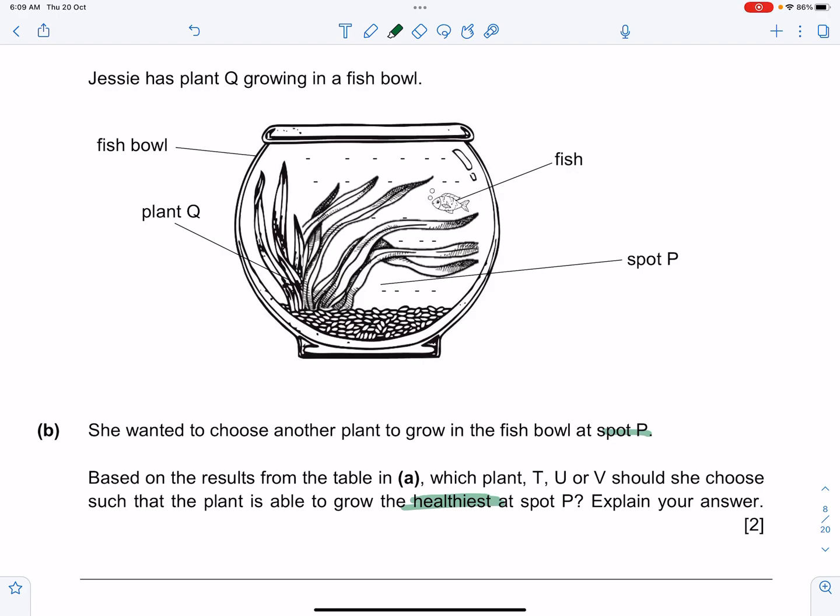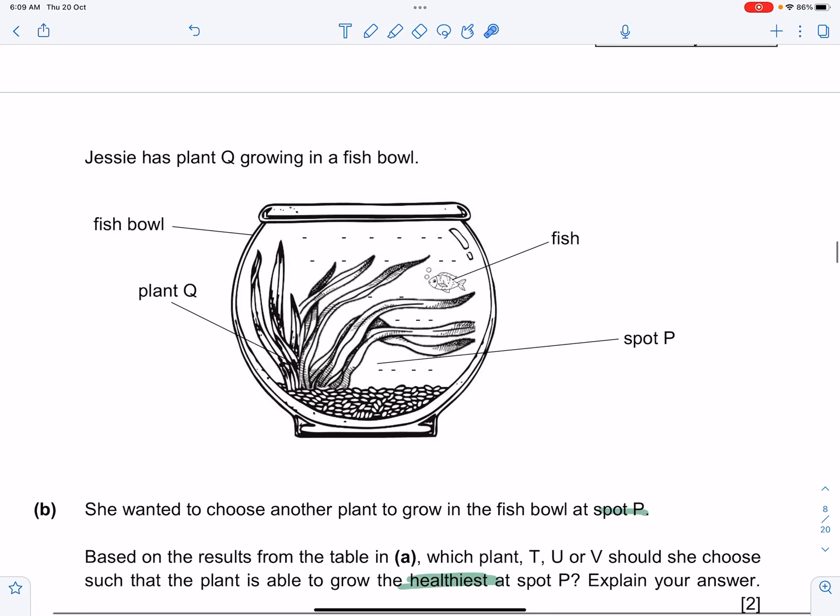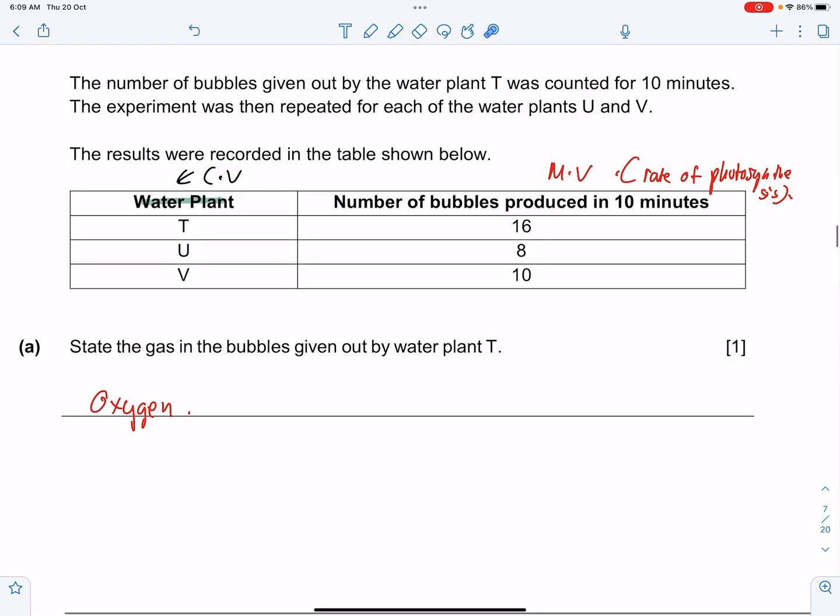And in order to photosynthesize more, we know that the primary ingredient that is needed would be your sunlight. So if you take a closer look at here, your plant Q is basically big. It's basically blocking whatever plant that is here. So you want to choose a plant that is able to photosynthesize the most, giving it the higher chances to actually be able to survive the healthiest. So the answer would be T. T has the highest rate of photosynthesis.